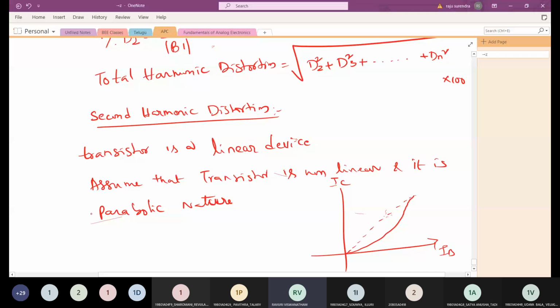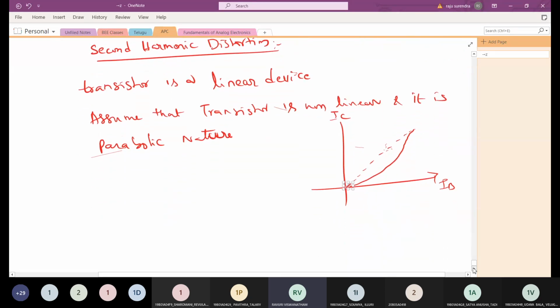Now we can write IB is equal to IBM cos omega t.